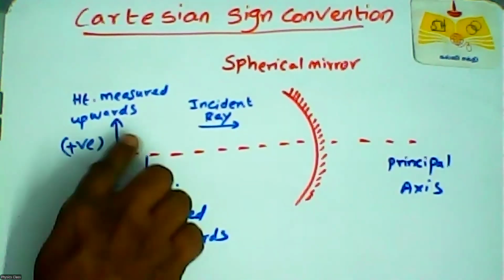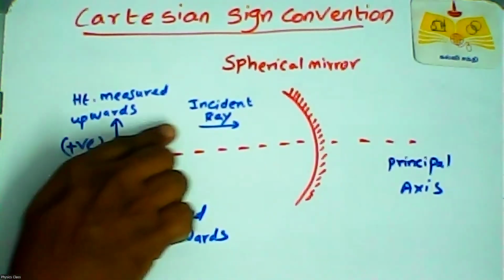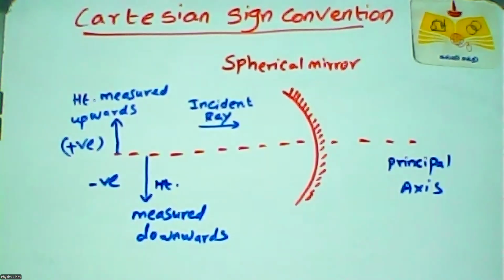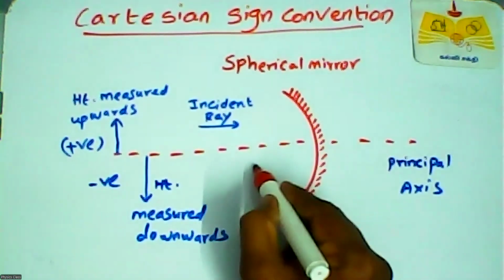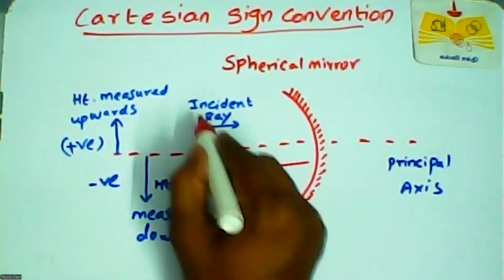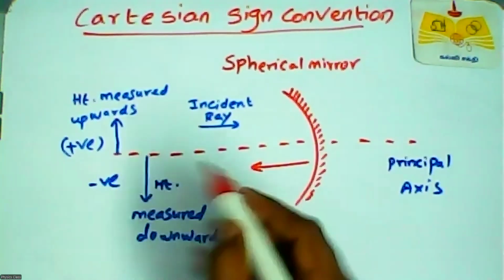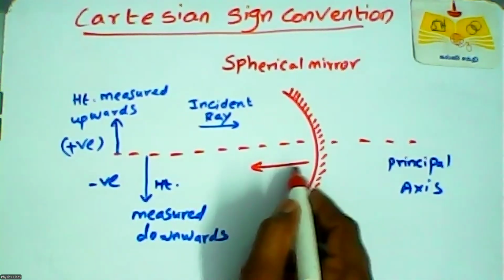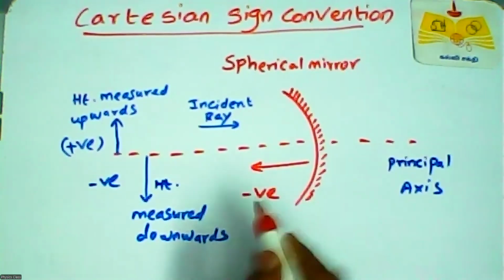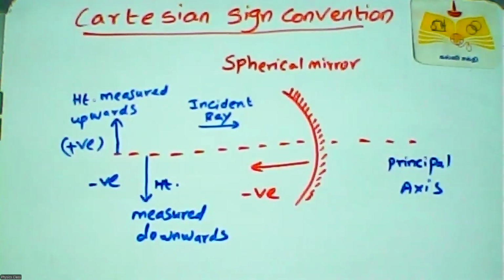So the incident ray is passing like this. If the distances are measured against the incident ray direction, they are denoted as negative.